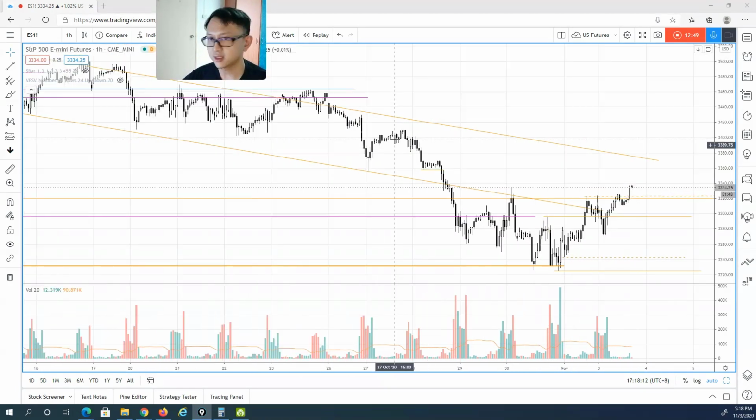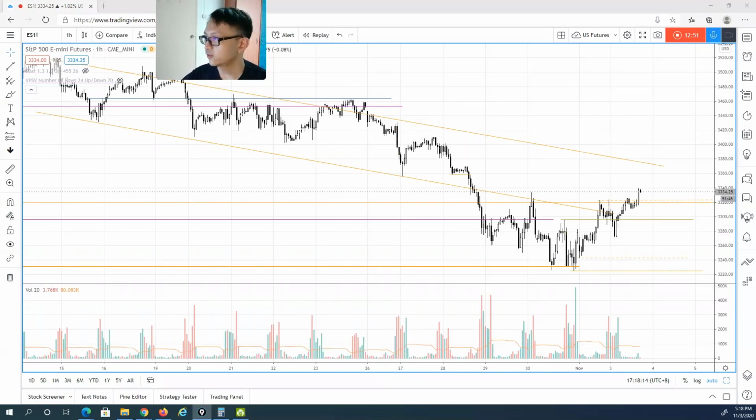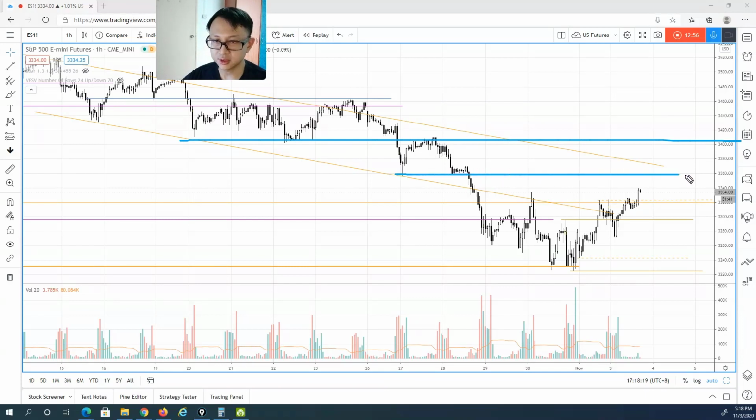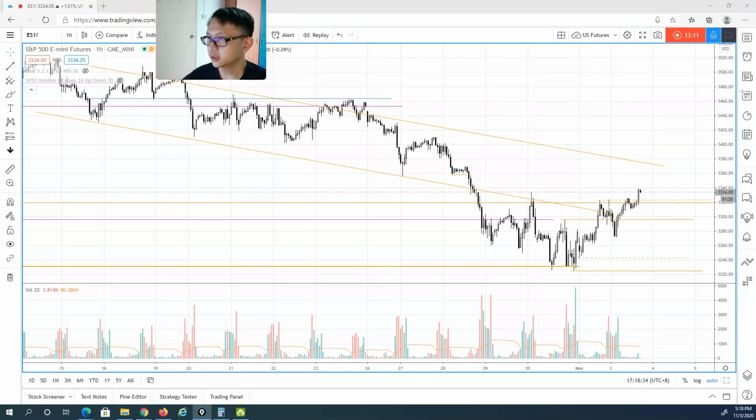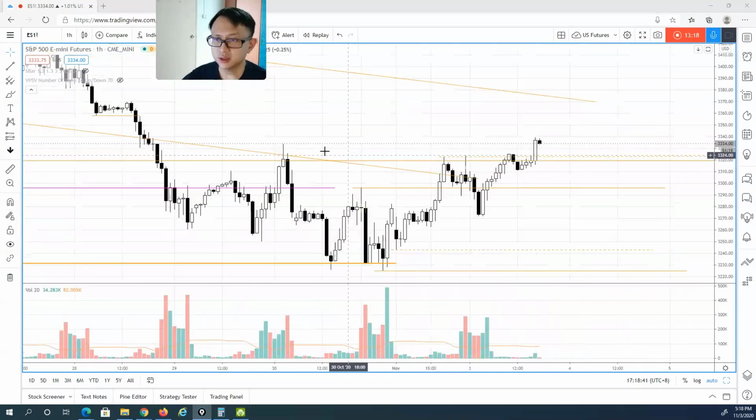That's why it's very important to understand where the immediate support and resistance are, because I think it can just react right at this resistance level and then turn from there. If we base it on the past election, like in 2016, if I remember correctly, the price movement was roughly 5 to 6 or 7%.